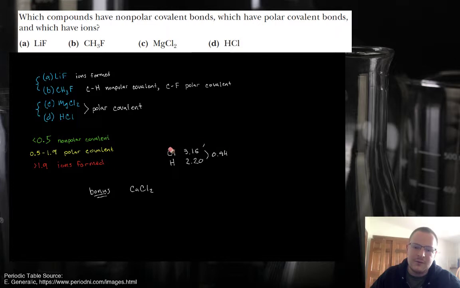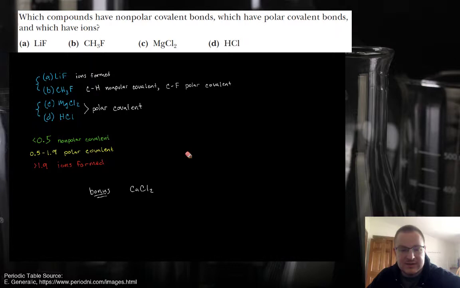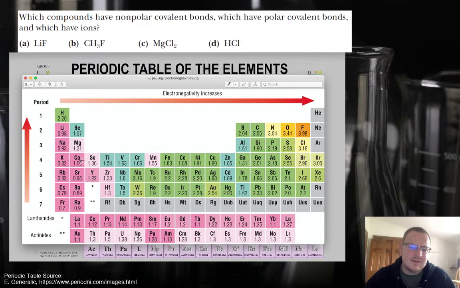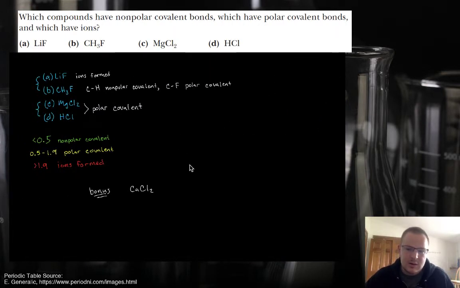It's just one further down, but it's percentage-wise a lot bigger than magnesium. So calcium has an electronegativity of 1.00, very close to lithium. And chlorine has one of 3.16. So calcium chloride has an electronegativity difference of 2.16, which gives us that ions are formed.